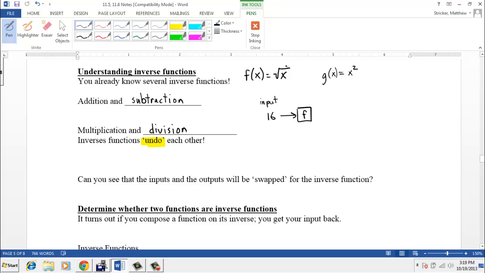F takes the square root of it. So f would turn that 16 into a 4. Well, if we then take that 4 and we run it through g, remember f was the square root, and g is squaring it. If we square 4, it spits back out 16.